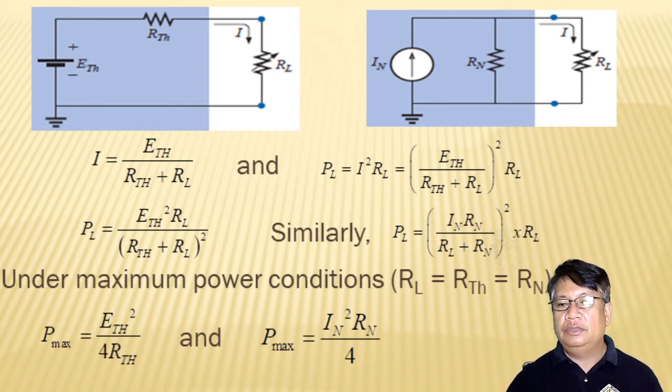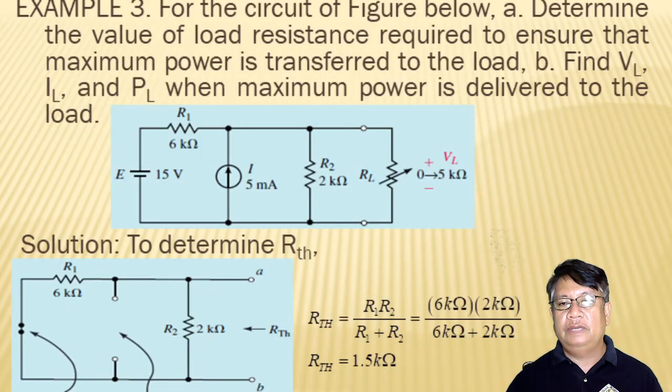Okay, so let's continue with the next example, example number 3. For the circuit of the figure below, as you can see, our circuit here has two sources, a voltage source and a current source.